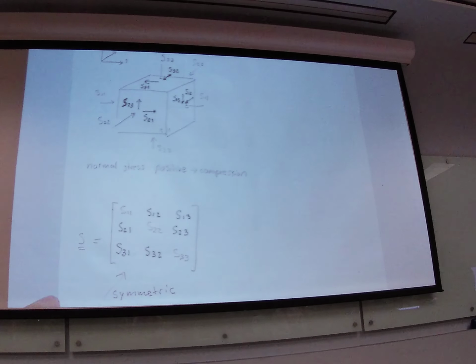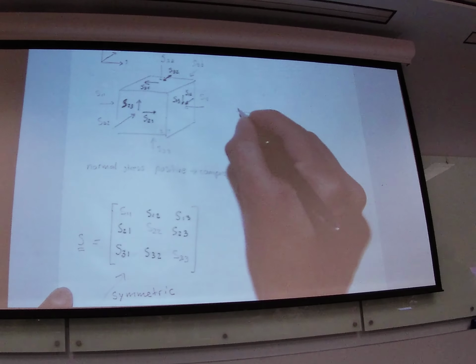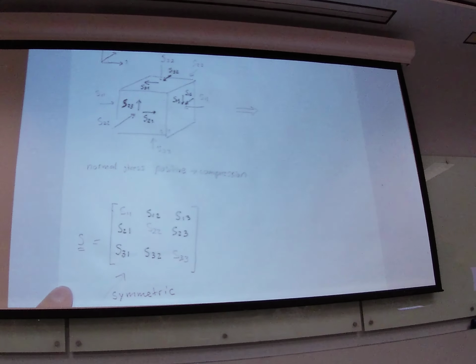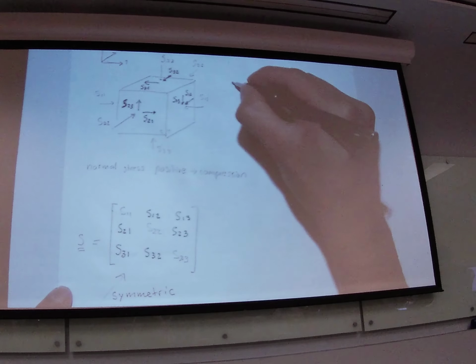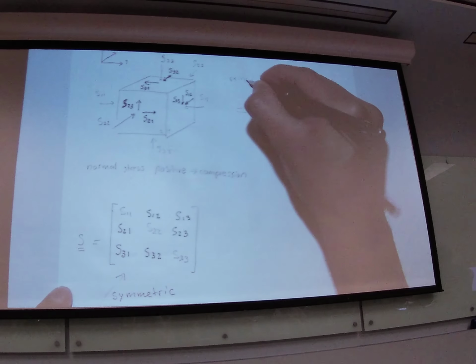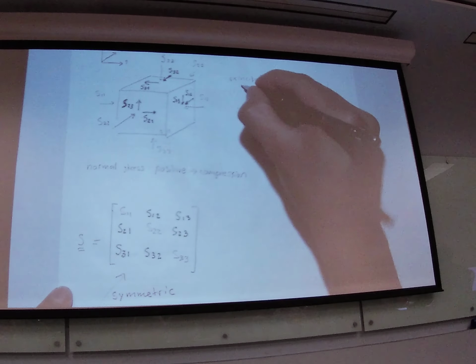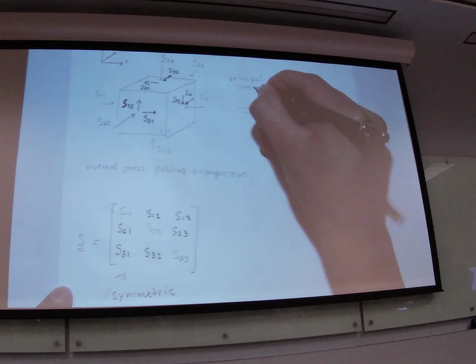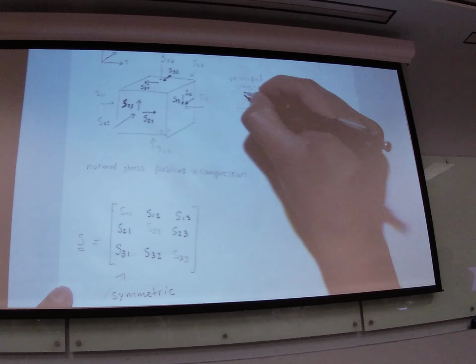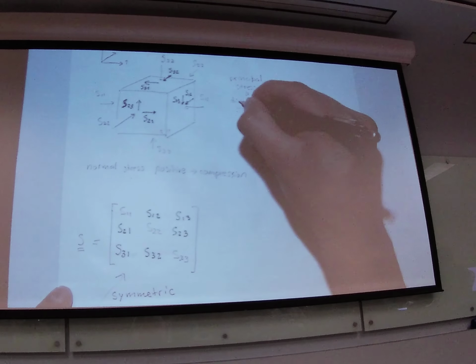But for most practical applications, we're going to simplify it. And the way that we're going to simplify it is by finding what are known as the principal stresses and principal directions.